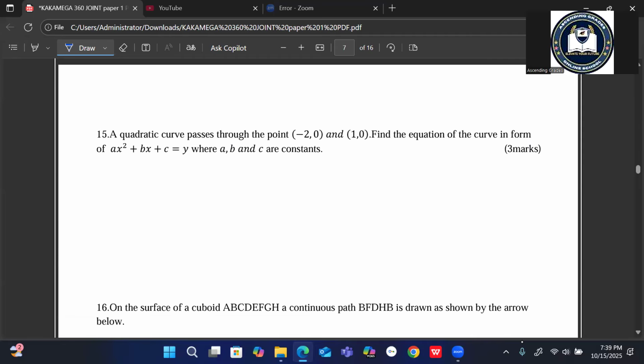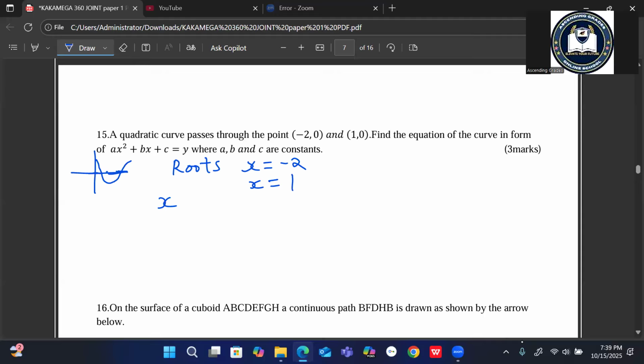So having the coordinates negative 2, 0 and 1, 0, it means that the curve passes through the x-axis. So this is what it means. So we have our roots, x equal to negative 2 and x equal to 1.